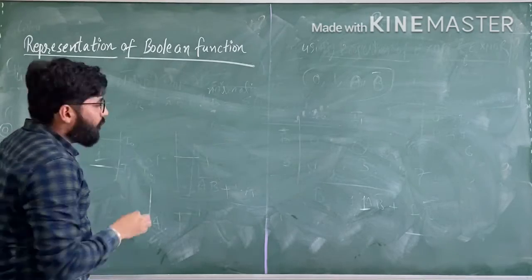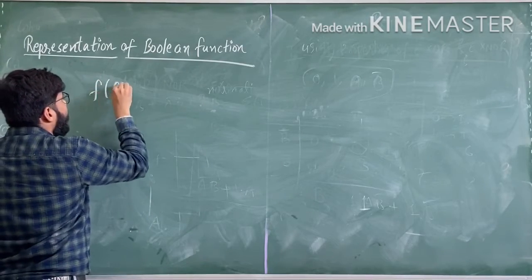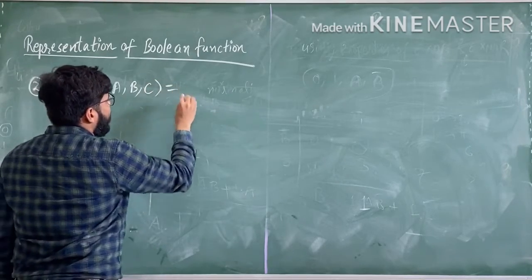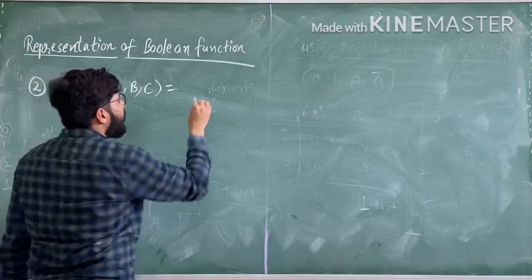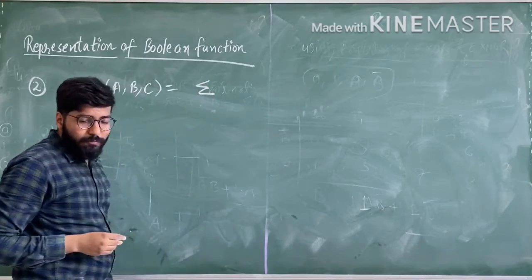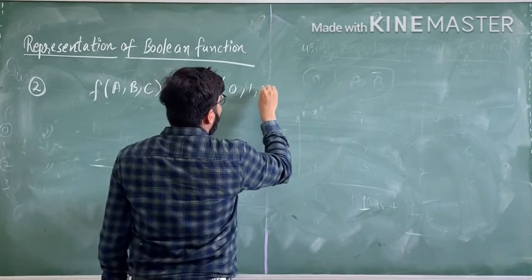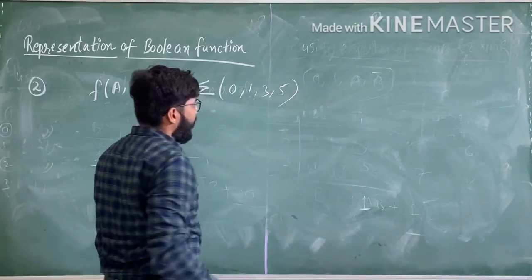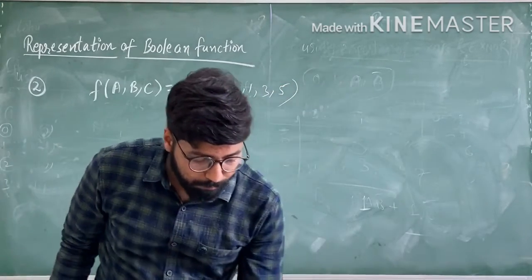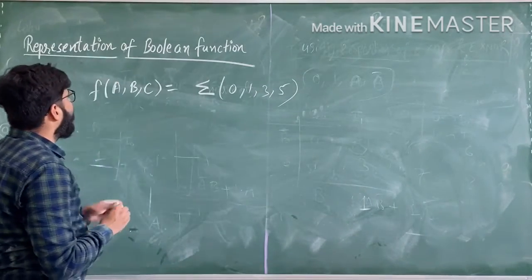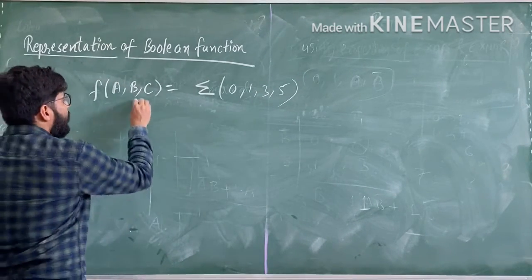In the question, a function is F(A, B, C), here 3 variables are present and the question is given in the form of minterms 0, 1, 3, 5. Okay. Question is that and you have to implement it with the 4 cross 1 mux.